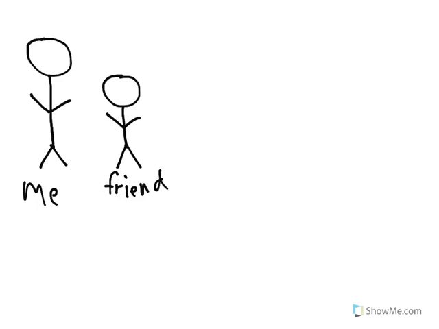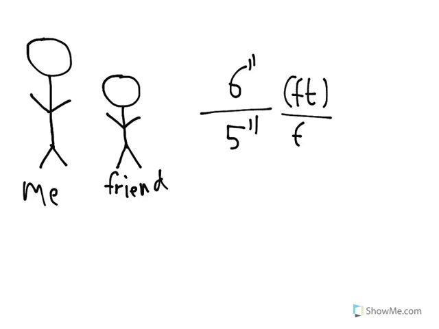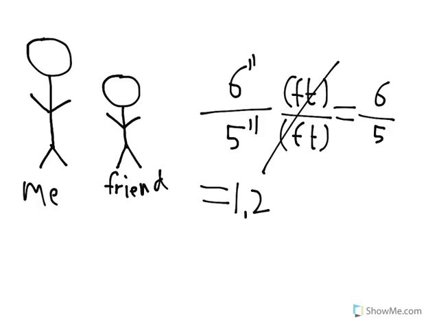We would say the ratio is my height, 6 feet, divided by her height, 5 feet. And in that ratio, the units, feet, cancel out. We have feet divided by feet, which just gives us nothing. And the ratio is 6 to 5, or 1.2.